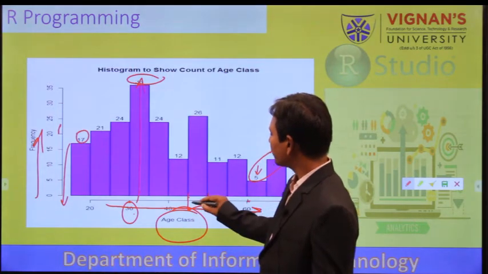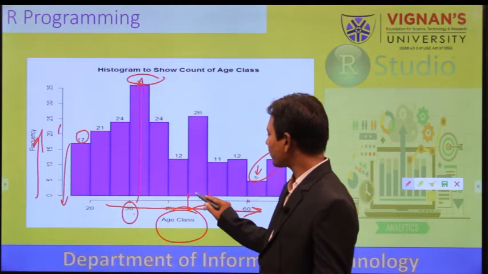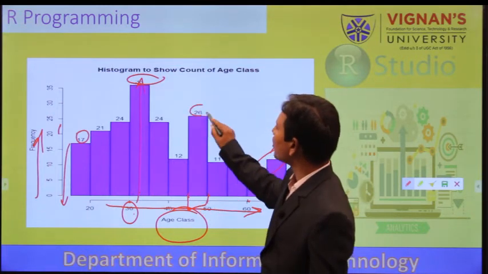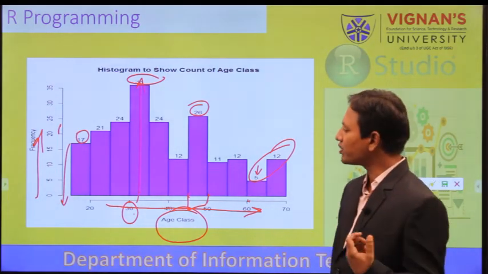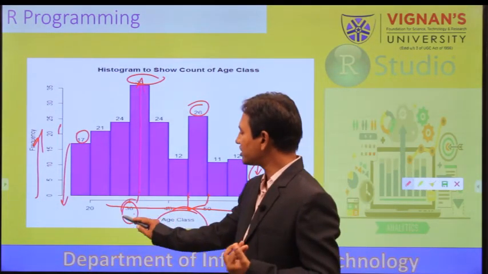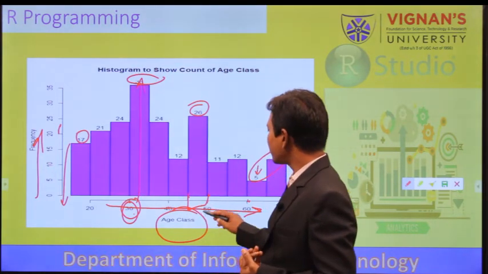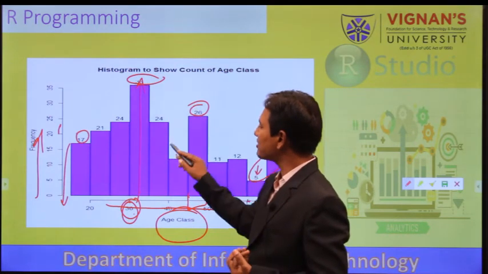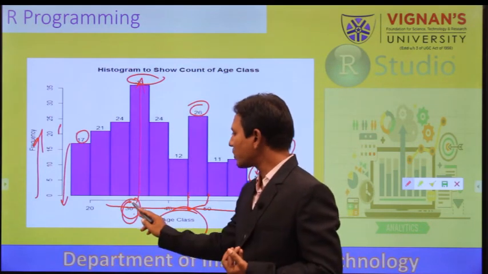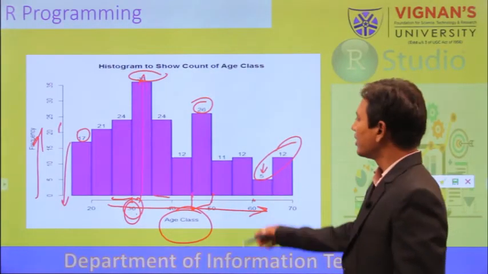45 to 50, this is 40 and this is 45, and 45 to 50 has a count of 26. The highest age group is around age 30, with 36 people, and next is 45 to 50 with 26, and then 24 and 24, that is 25 to 30.